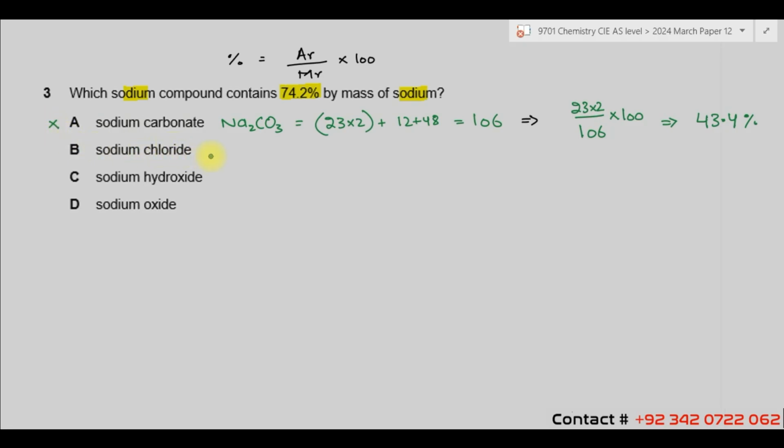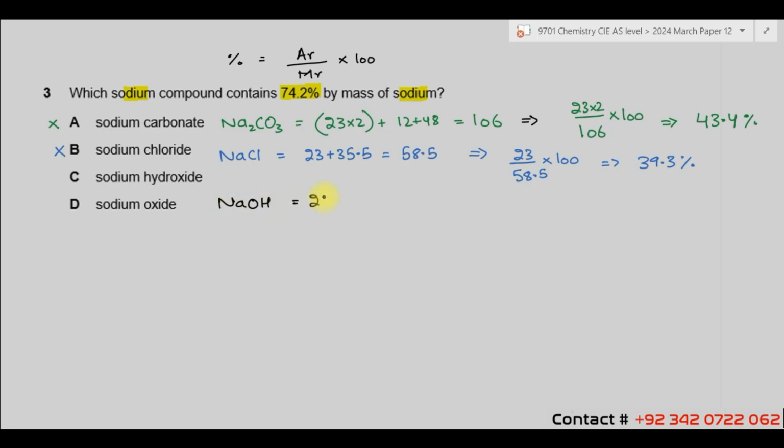Then we have sodium chloride, NaCl, 23 plus 35.5. So Mr is 58.5. Now using the same formula, sodium is 23, total Mr is 58.5 into 100. 39.3%. Incorrect.